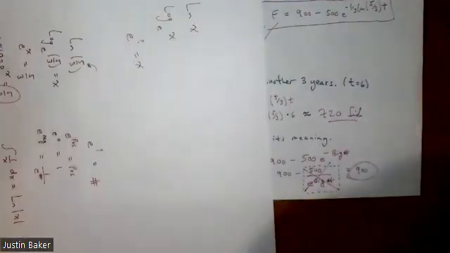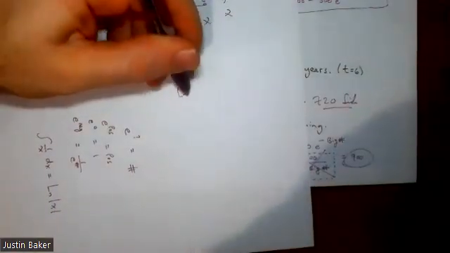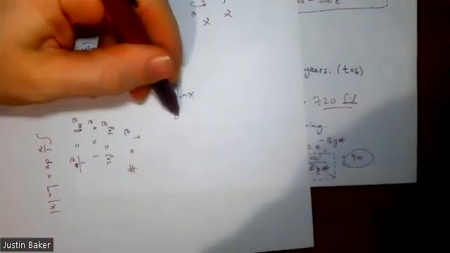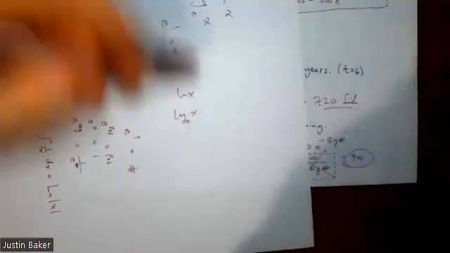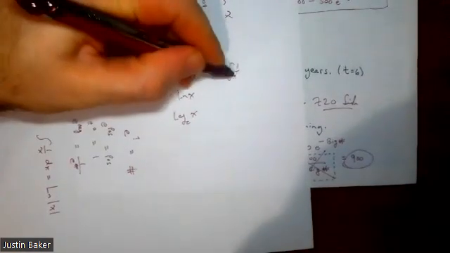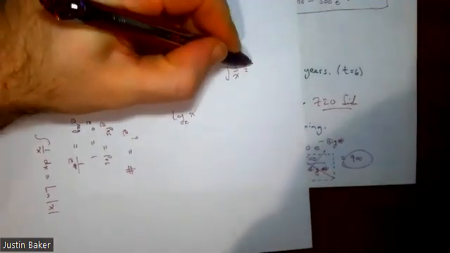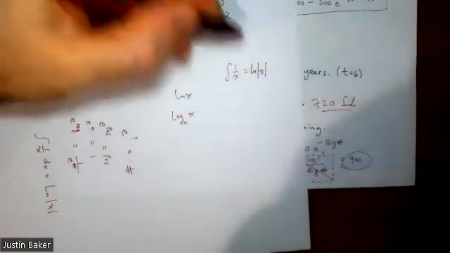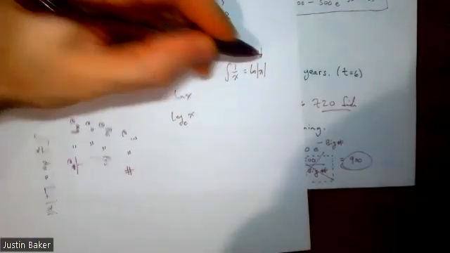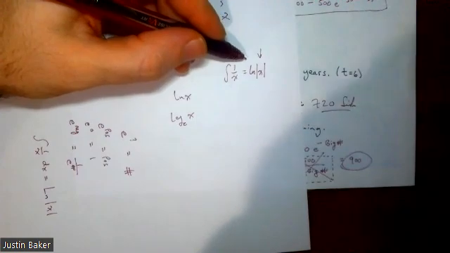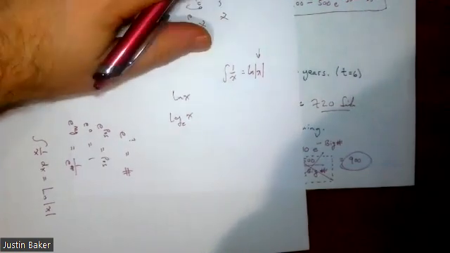Well, yeah, what I was trying to say is that when you integrate 1 over x, you come up with natural log absolute value x, because this number should always be positive, is what they're trying to go for.